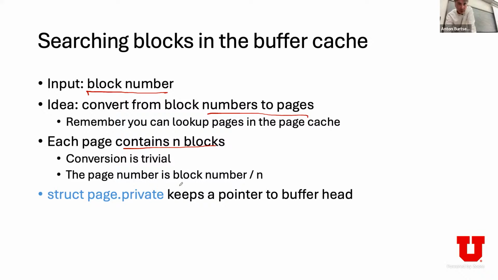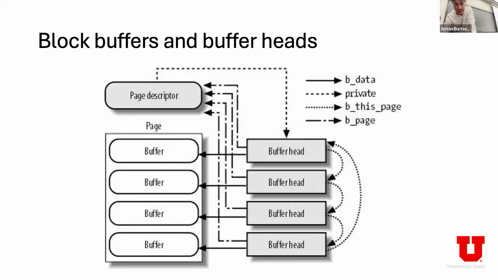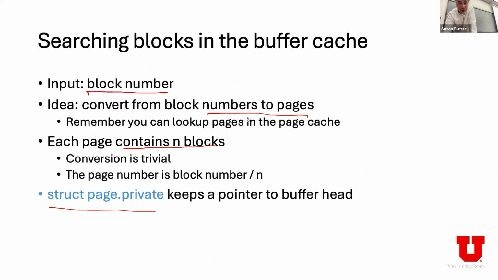You just divide the block number by n. And the page private field will contain a pointer to the buffer head. Sorry, to this one. Right.